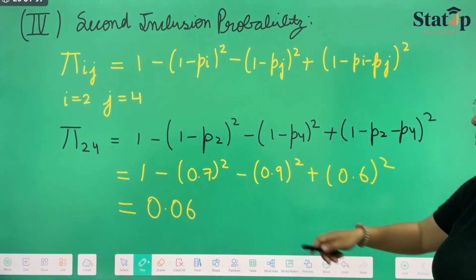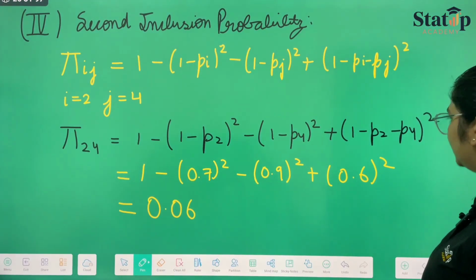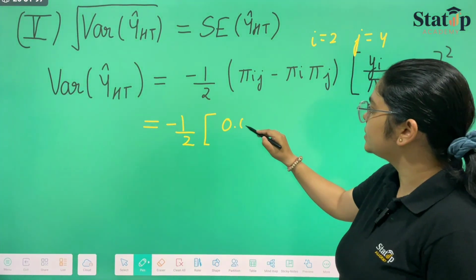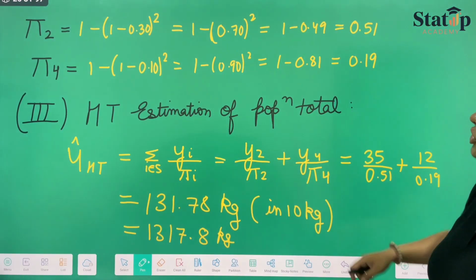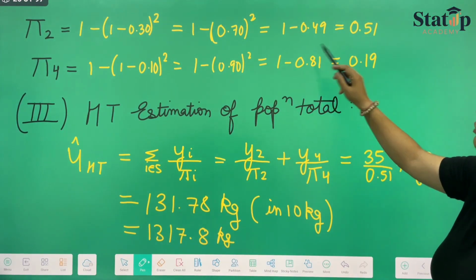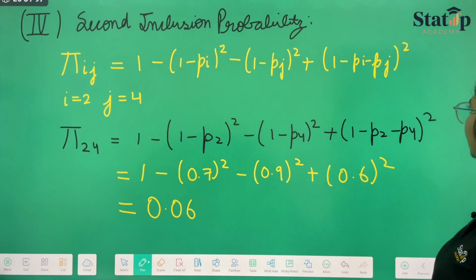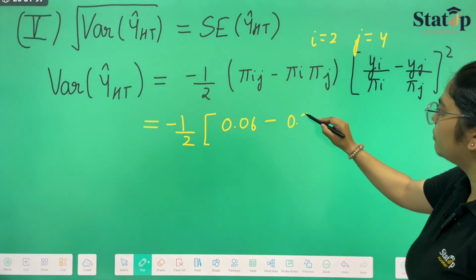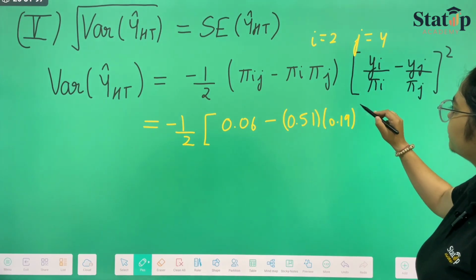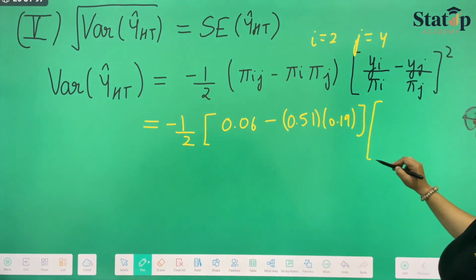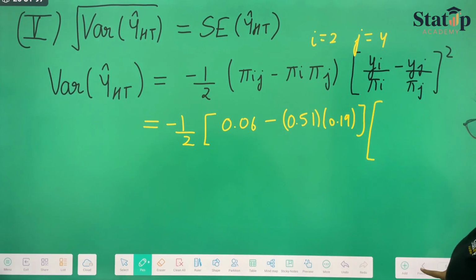So pi ij we have just calculated: it is 0.06, minus pi i and pi j, which is pi 2 and pi 4, 0.51 into 0.19. Okay, and the second one is yi upon pi i.